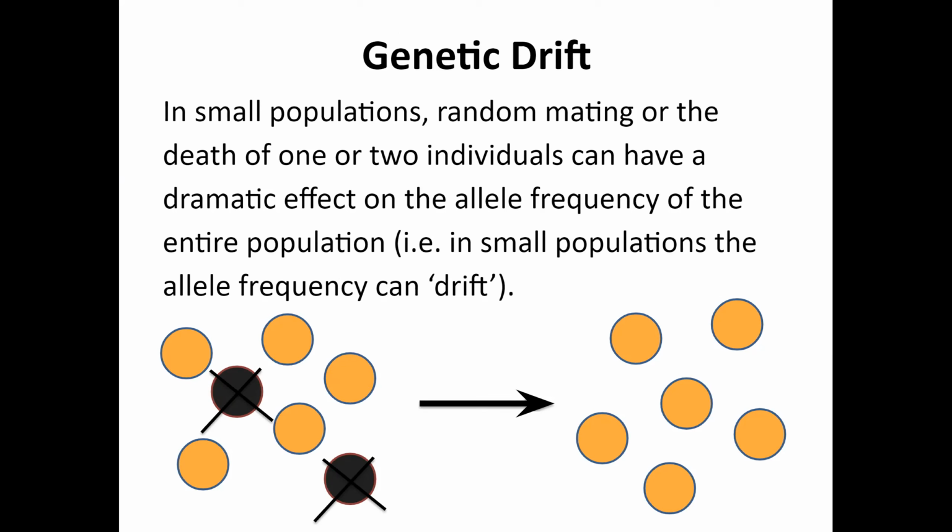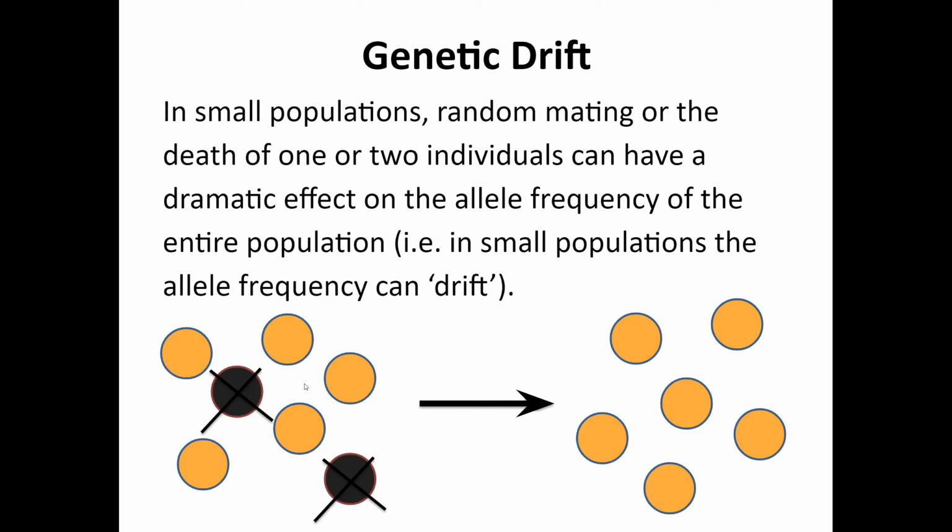So in small populations, if we have these organisms here and these two black ones, for example, died, something happened to them, we don't have them in the population anymore. We only have these orange ones.